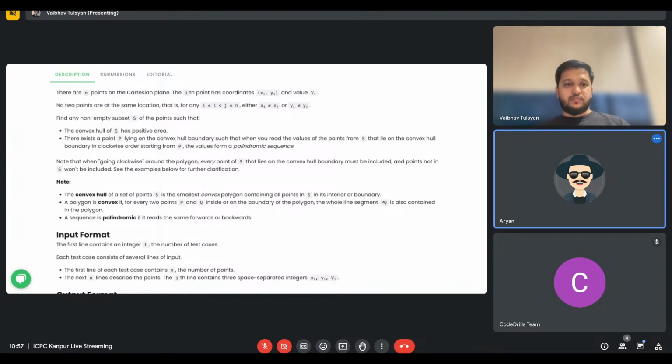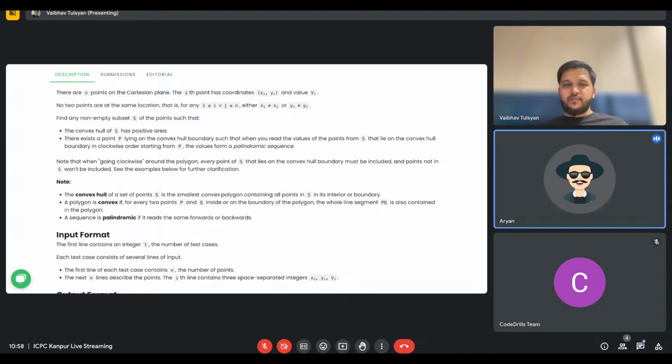And we have to find any non-empty subset S of points such that the convex hull of S has a positive area. Positive area just means it's non-zero area, not positive or negative based on clockwise or counterclockwise. There exists a point P lying on the convex hull boundary such that when you read the values of points from S that lie on the convex hull boundary in clockwise order starting from P, the values form a palindromic sequence.